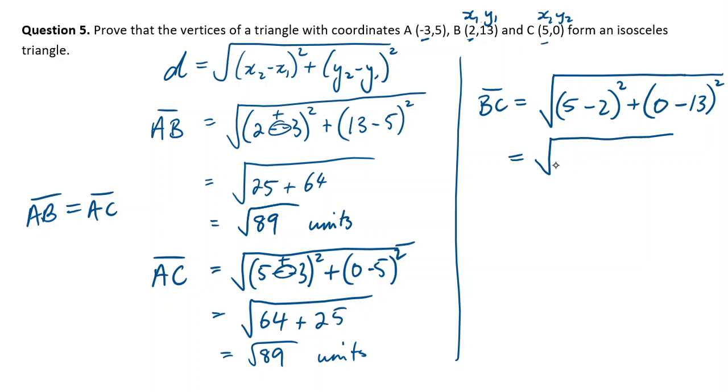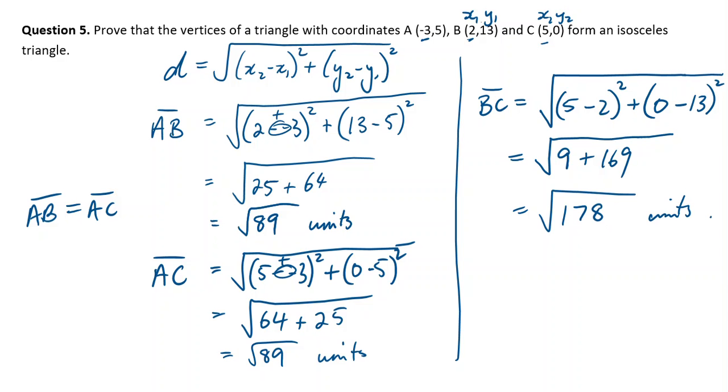And we're going to have then 3 squared, which is 9, plus negative 13 getting squared, which is the same as 13 squared, which is 169. And so we've got the square root of 178 units for that.